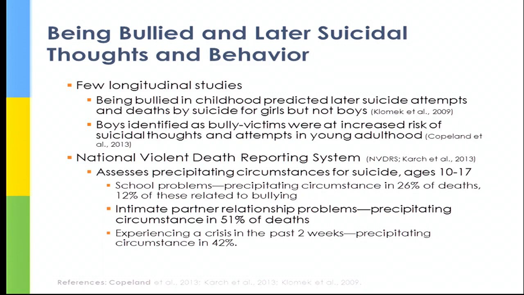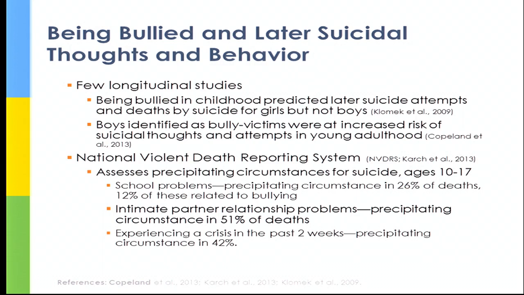I want to mention a recent study using data from the National Violent Death Reporting System here. Researchers looked at what precipitating circumstances were present for youth who had died by suicide, ages 10 through 17.